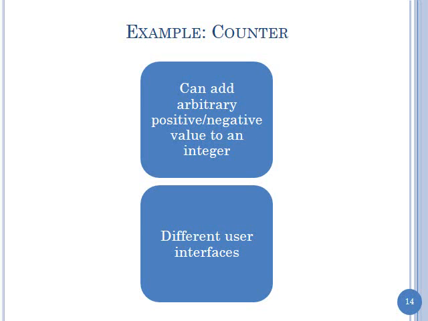Our service is a counter. And what does the service let you do? You can add arbitrary positive and negative values to an integer. And you can display the integer. So you can read the value and you can write the value. And we'll show that even this particular simple object can have multiple user interfaces. You can imagine more complex objects will have even more variety in user interfaces.